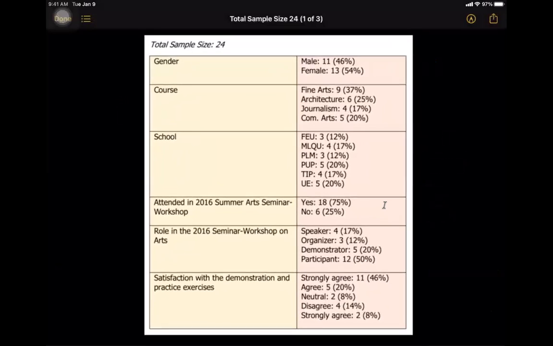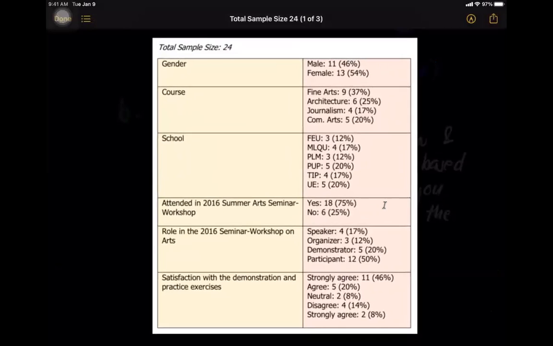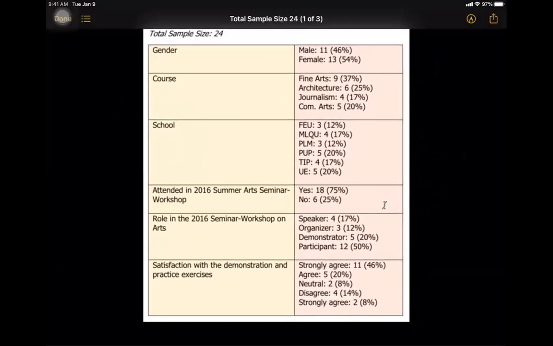Okay, so this is just one way of presenting your table here. So we have a minimum of two columns. The first column, or the leftmost column, mostly will be the variable. And then as it goes towards the right, it depends on how many other columns you're going to add, or how you're going to represent that particular variable.